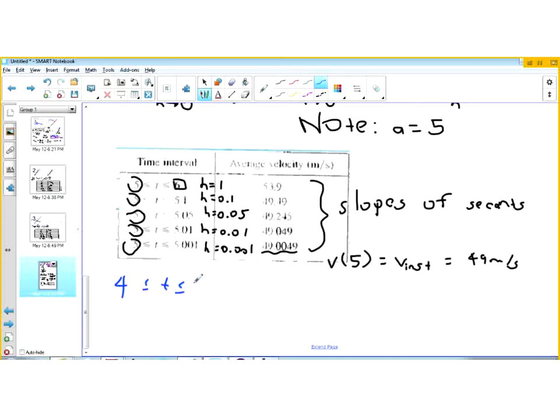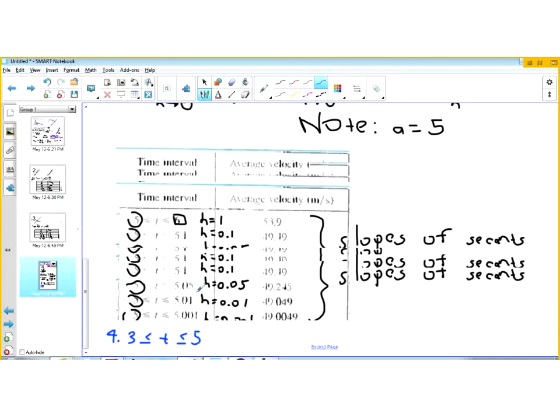Say 4 is less than t, which is less than or equal to 5. And then say 4.1 is less than t, which is less than or equal to 5. So in this case, we're driving the abscissa of Q toward 5, toward the abscissa of P. Just do a number of examples like this.